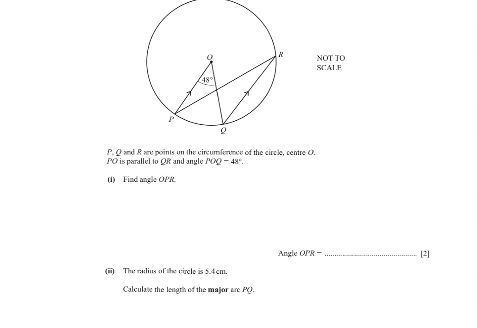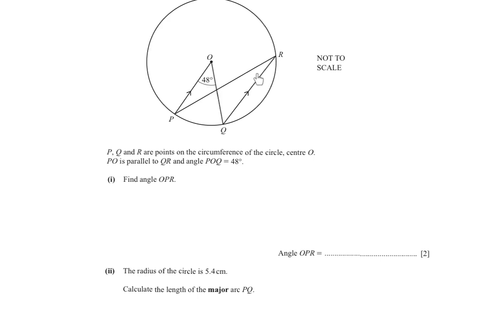How to find C? Find angle OBR. I need to find this angle. This angle equals that one, alternate and equal. But how to find this one? Angle O and angle R subtend the same arc. But angle O is central, this is inscribed, so this angle is half of 48.